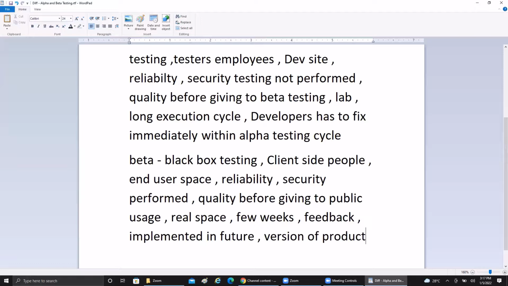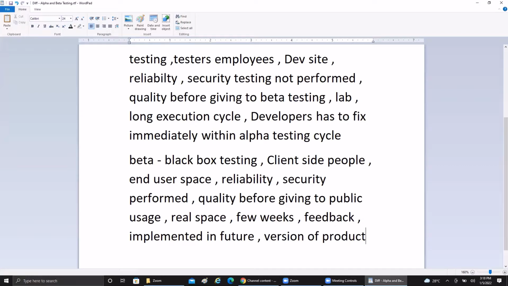So this is what is done in the beta testing stage. They regularly collect the feedback and try to implement the changes in future if it is really valid, and based upon the updated version release of the products or application, those changes will be given to the real public world to be used with their comfort.